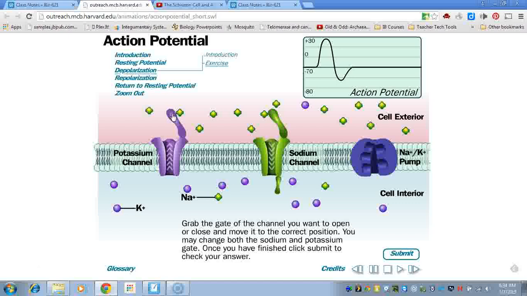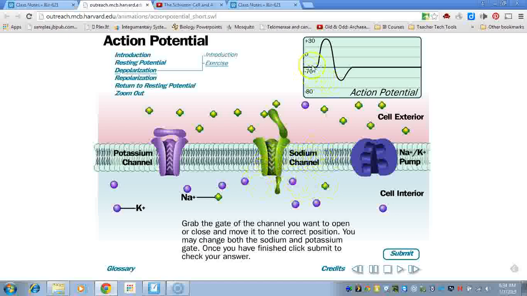Okay, so when we have the action potential happening, potassium channel closes and the sodium channel opens. Opens a little bit at first, and then once a little bit of sodium comes in, it causes it to open up wide and changes the net charge on the inside.